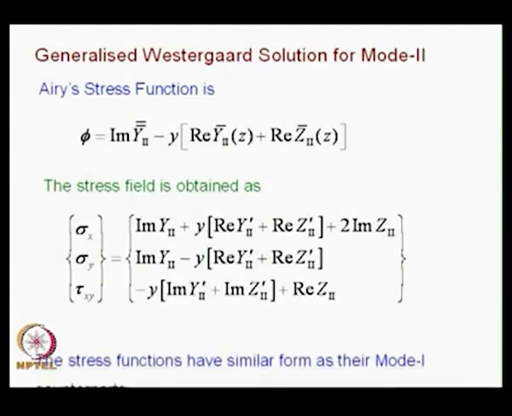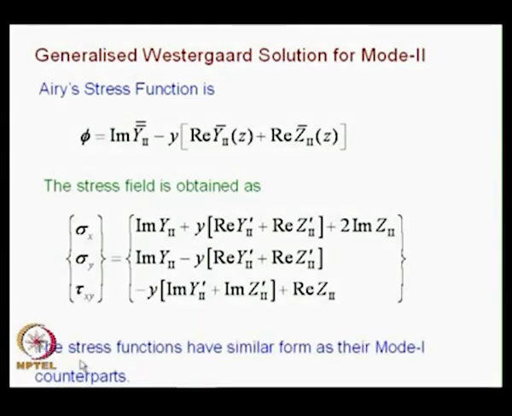So, if you look at the form of the stress functions Z2 and Y2, you can construct a series solution, and what is mentioned is that the stress functions Y2 and Z2 have similar form as their mode 1 counterparts. And what are the mode 1 counterparts?